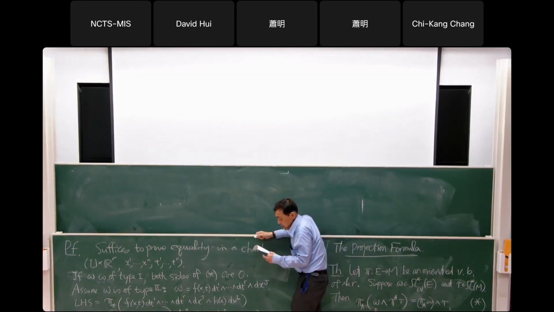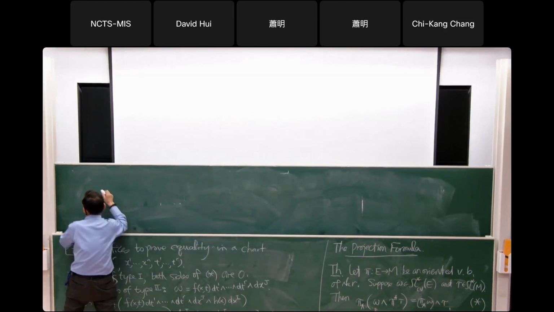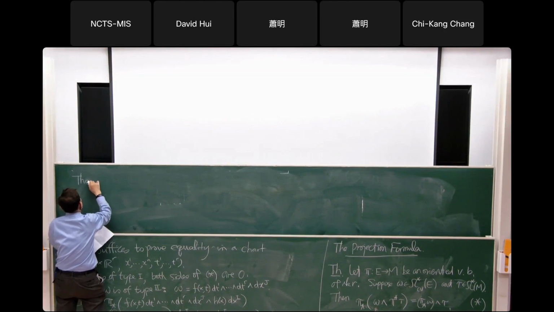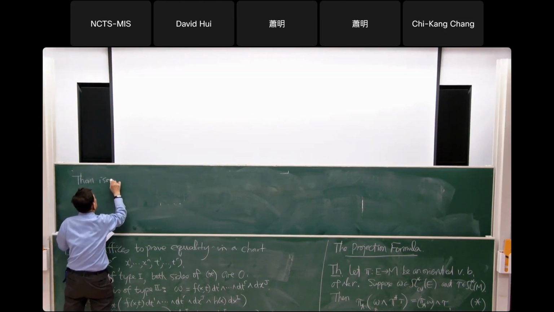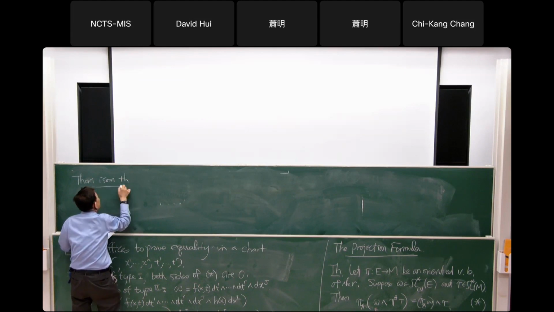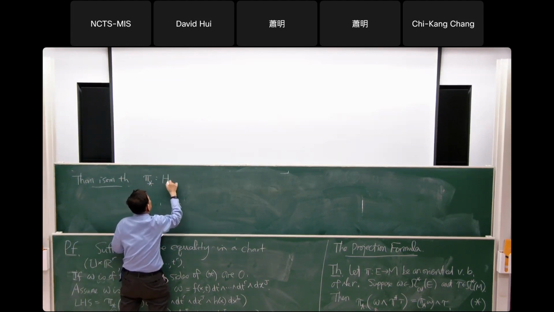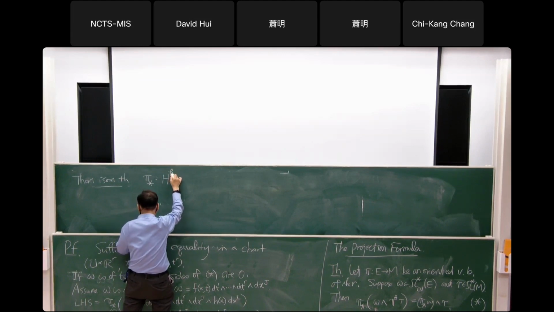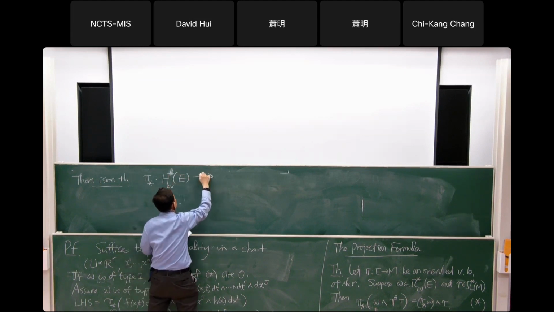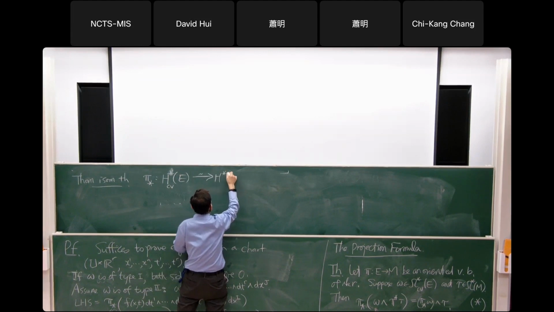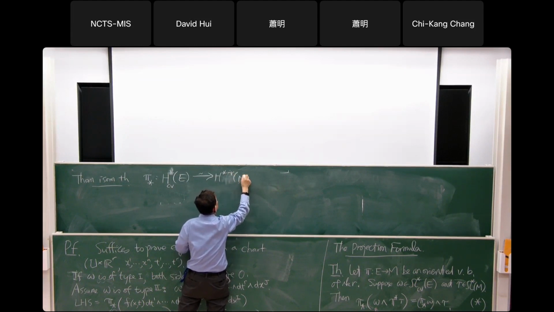So the Thom isomorphism theorem says that π lower star, from the cohomology of the vector bundle with compact vertical support, is isomorphic to the cohomology of M, but with degree r less.